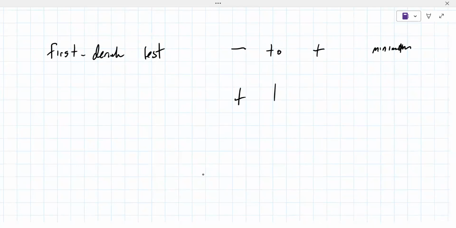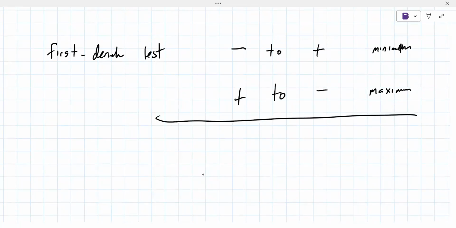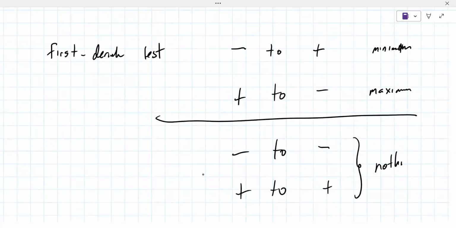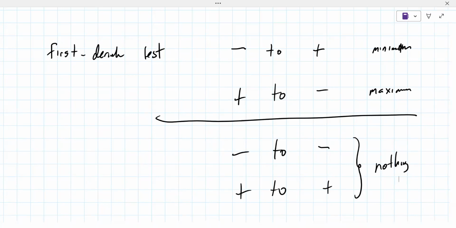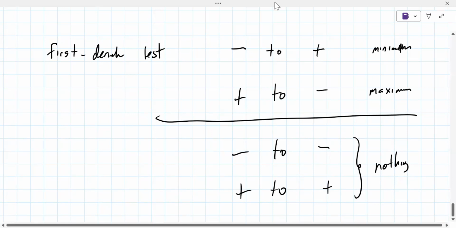If you go from plus to minus, that's a maximum. And if you go from minus to minus and plus to plus, it's nothing. These are kind of note card, cheat sheet, reference sheet stuff that you'll want to have. Any questions on that? Nope.